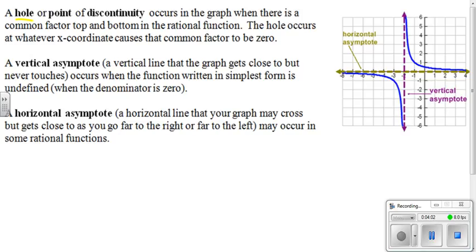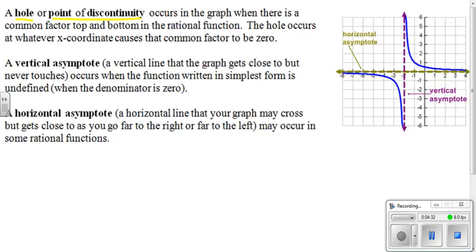So again, a hole or point of discontinuity occurs when in our function we can take out common factors. Whatever x-coordinate causes the common factor to be 0, that's where the hole is going to occur. A vertical asymptote is the imaginary line where the function gets very, very close to but will never touch, and we can find that by finding a factor in the denominator that we set to 0.